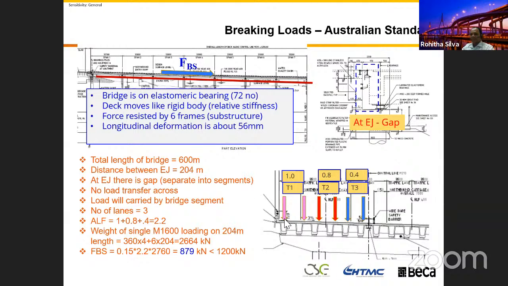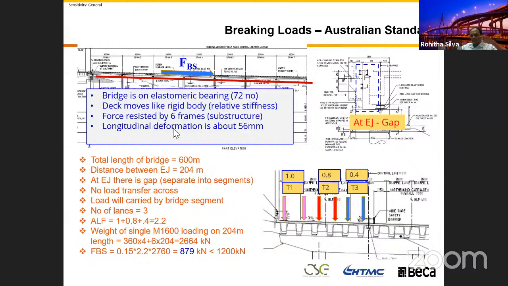Because we are looking at the half of the bridge, because then this bridge have a joint in the middle. 6 span, we got a 72 elastomeric bearing, because every girder we have 2 bearing, right? Then 6 into 12, we got 72 bearing.